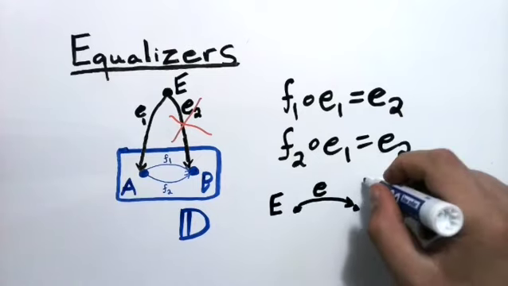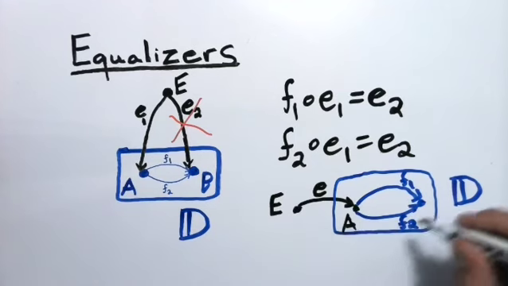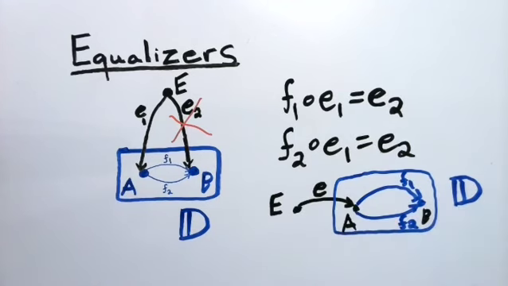And what is our diagram D? Well, it consists of two parallel morphisms, F1 and F2, both going from A to B in our diagram here.